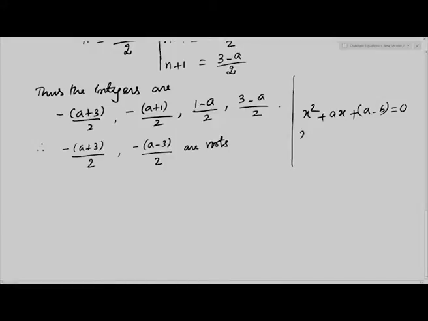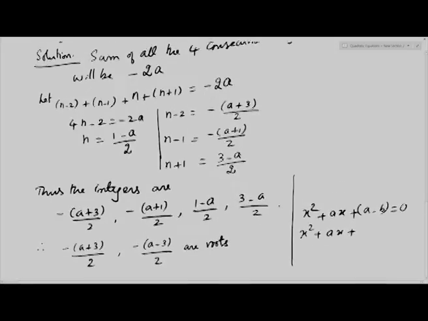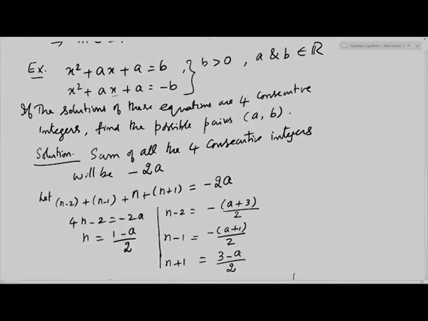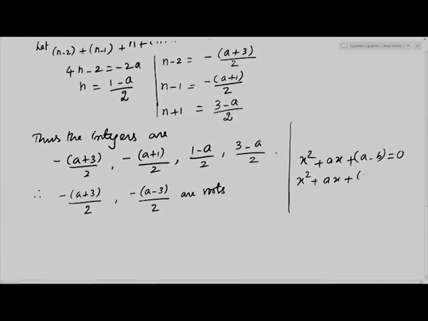So, the other equation is x square plus ax plus a plus b equal to 0. For both the equations the sum of the roots is minus a.